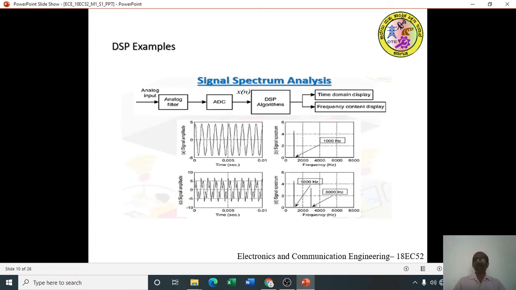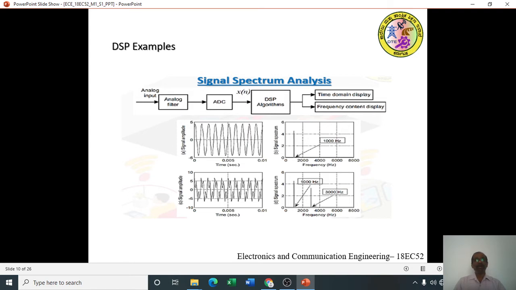Let us see a small example of this DSP. As I told you, let us imagine our input is speech. Speech is analog in nature. Any unwanted signal distortions that we have will be removed using analog filters. This analog filter can work as a band limiting filter also in order to satisfy our sampling theorem to allow finite frequency components.